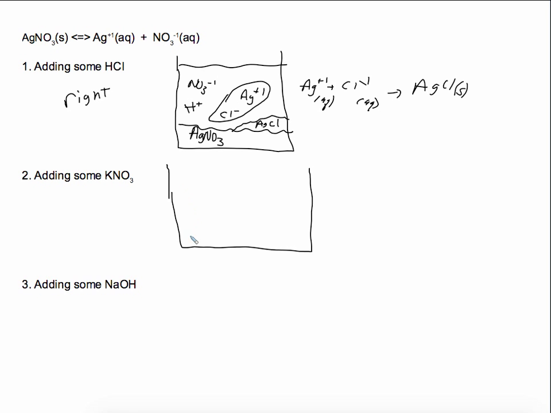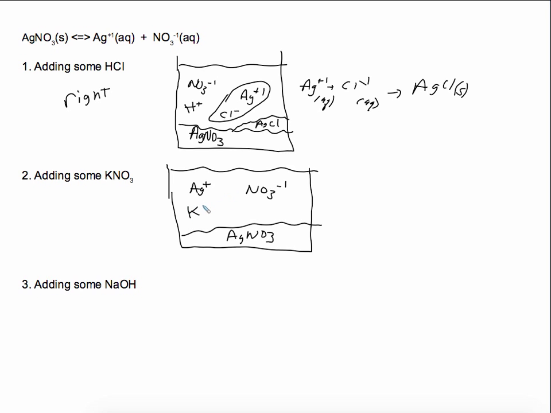It would be a little bit different than the one up above, but basically we have this again. We have the AgNO3 on the bottom, that's a solid, and then floating around in the beaker we have some Ag+ and some nitrate ions.